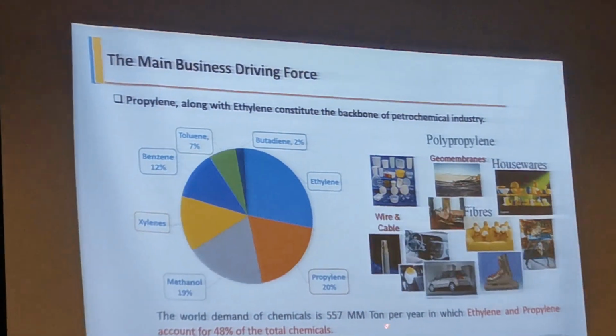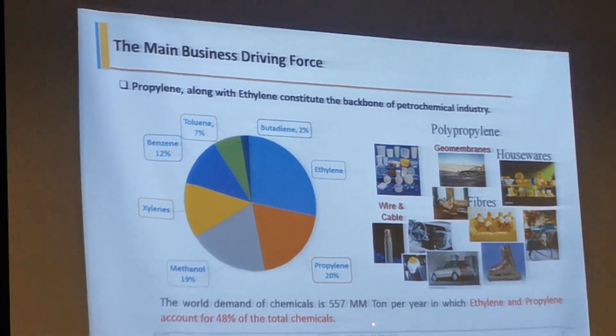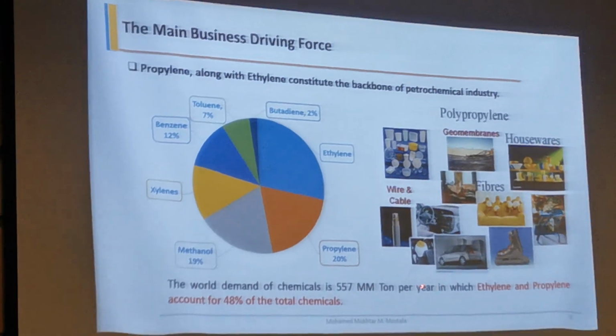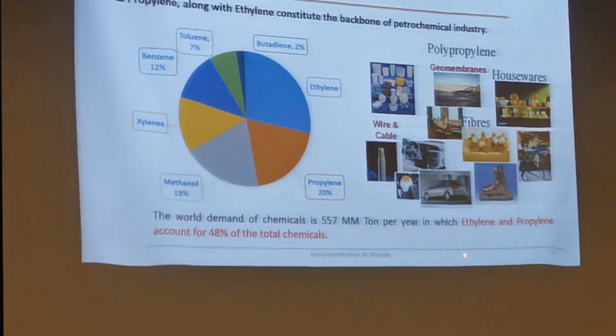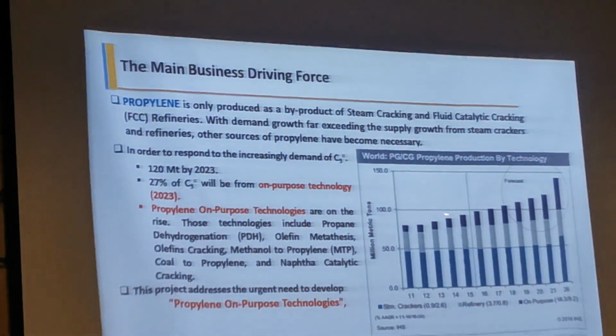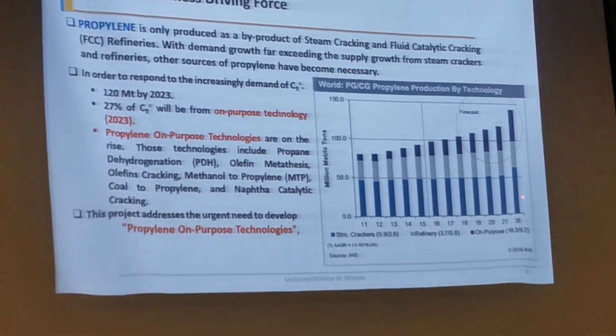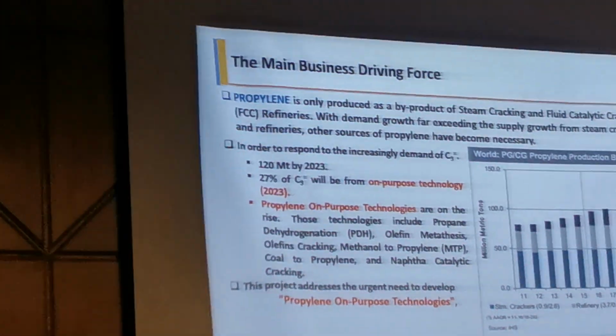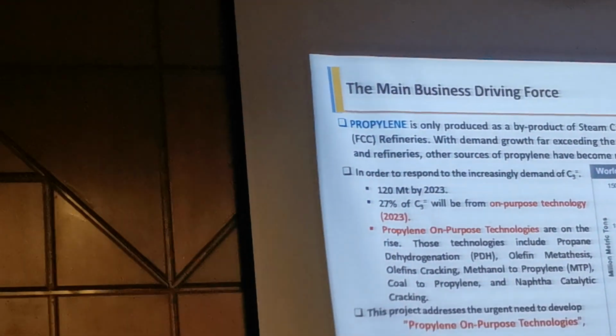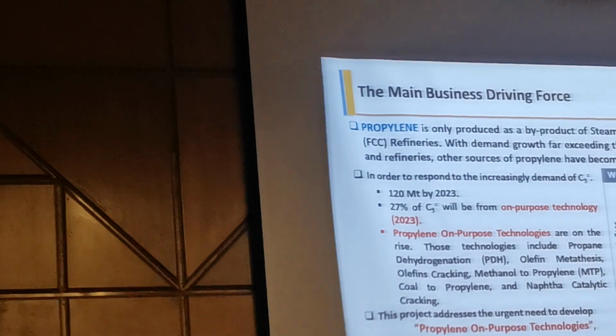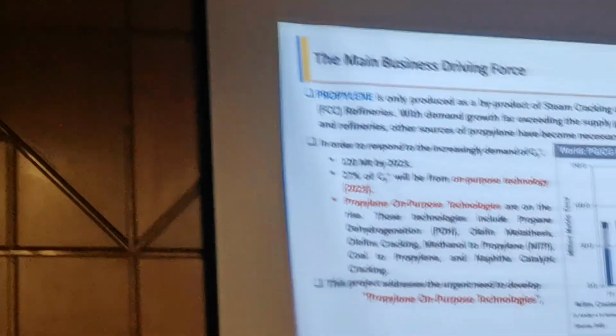So the world demand for chemicals is 5.7 megatons per year, in which ethylene and propylene represent 48%. So how important it is to have such kind of materials. And as a business driving force, if you look at the blue here, this represents the steam crackers producing propylene, and the gray one represents the refinery processes.